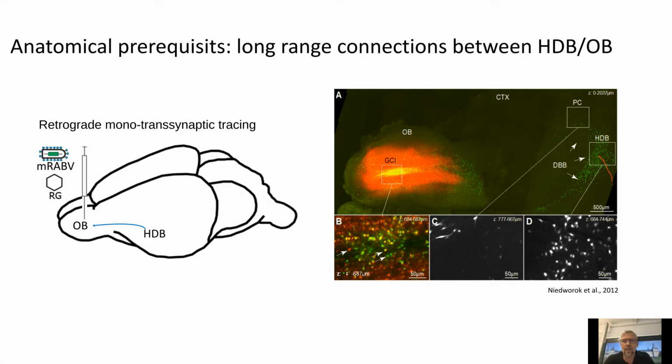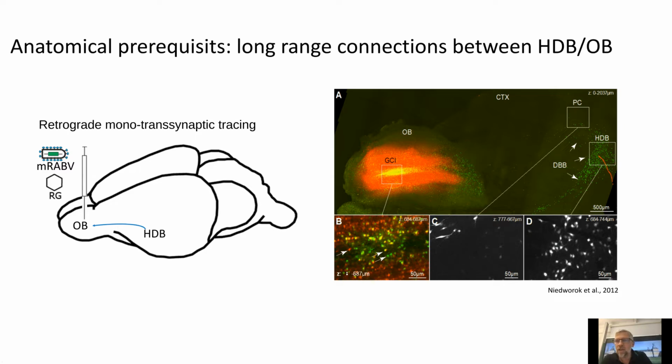And we check this by retrograde monosynaptic tracing using rabies viruses. So what you in principle do is you inject this virus in the olfactory bulb, and what you see then is all the neurons that project to this region, so regulating this region. And on the right-hand side, you see a picture that has been recorded with light sheet microscopy. In those days it was called ultramicroscopy, with conventional tissue clearing techniques.